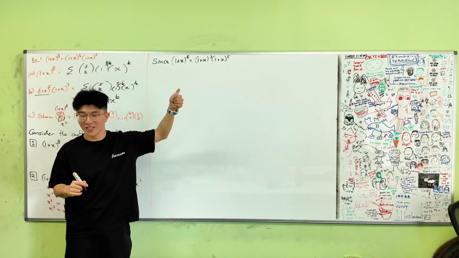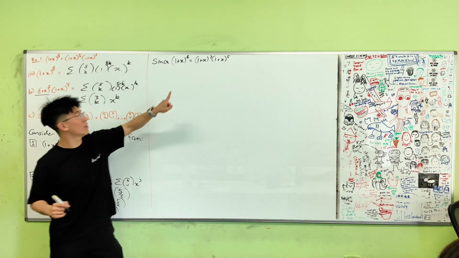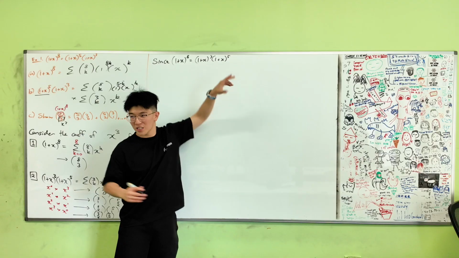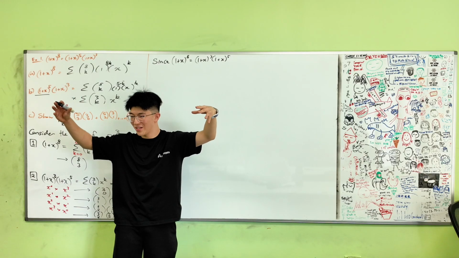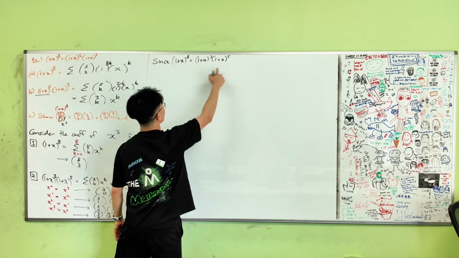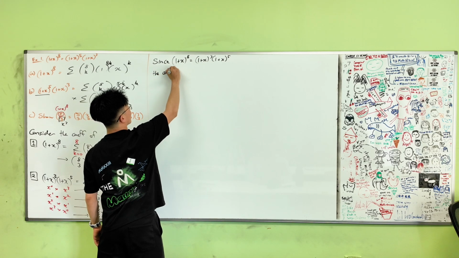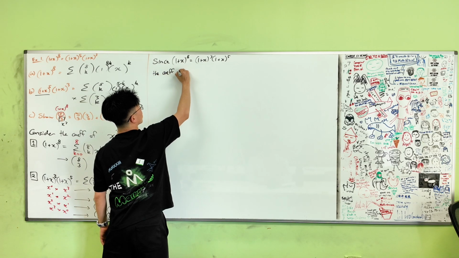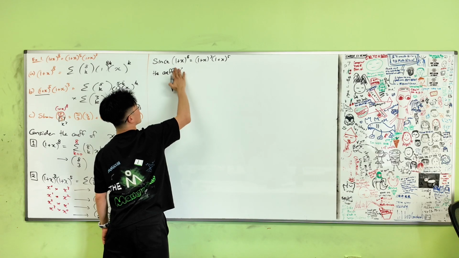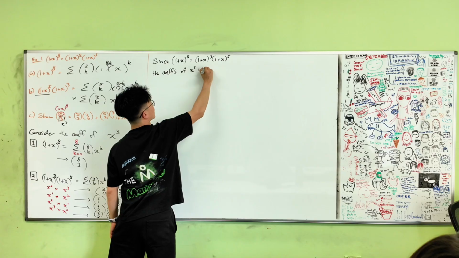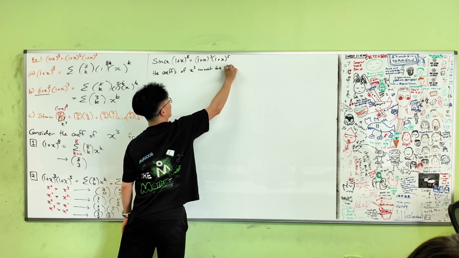I'm using this fact to leverage that whatever coefficient I look for from x cubed from this, it should equal the coefficient of this one, because they're literally the same expansions. Since this is true, the coefficients of x cubed must be equal.